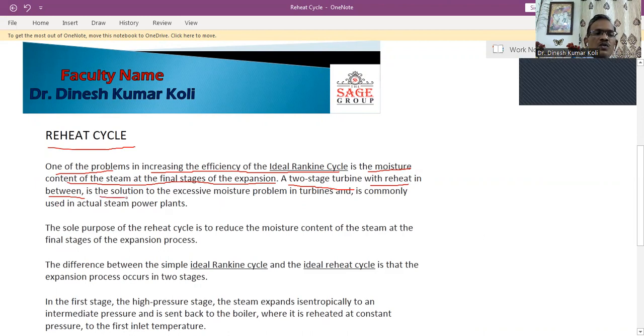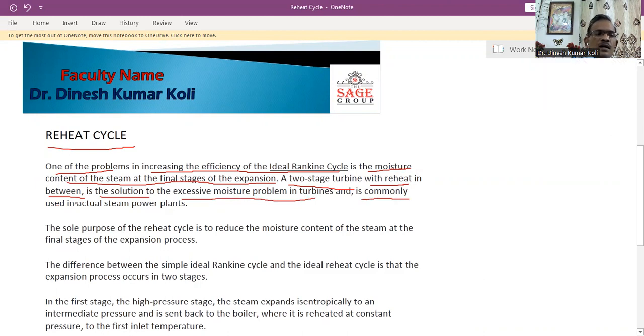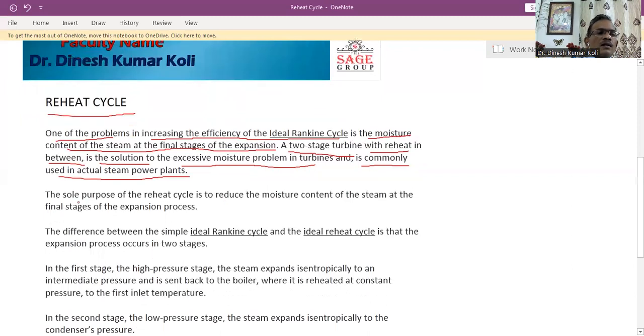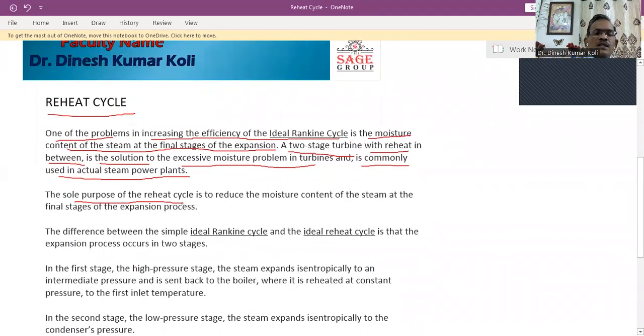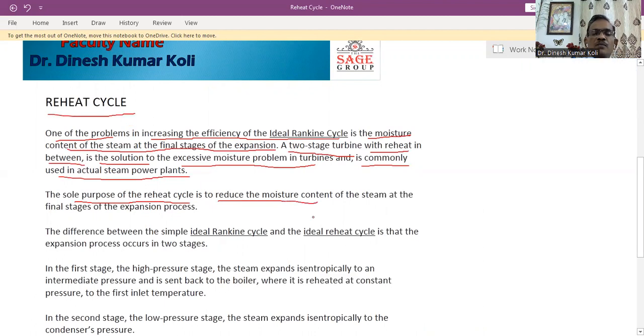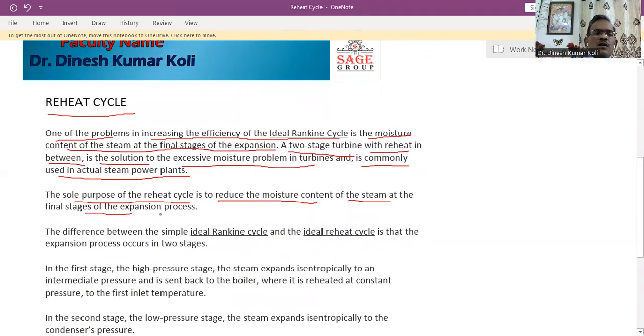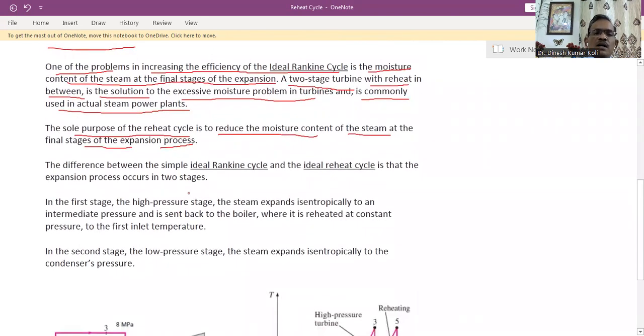It is the solution to the excessive moisture problem in turbines and is commonly used in actual steam power plants. The sole purpose of the reheat cycle is to minimize the moisture content of the steam at the final stages of the expansion process.